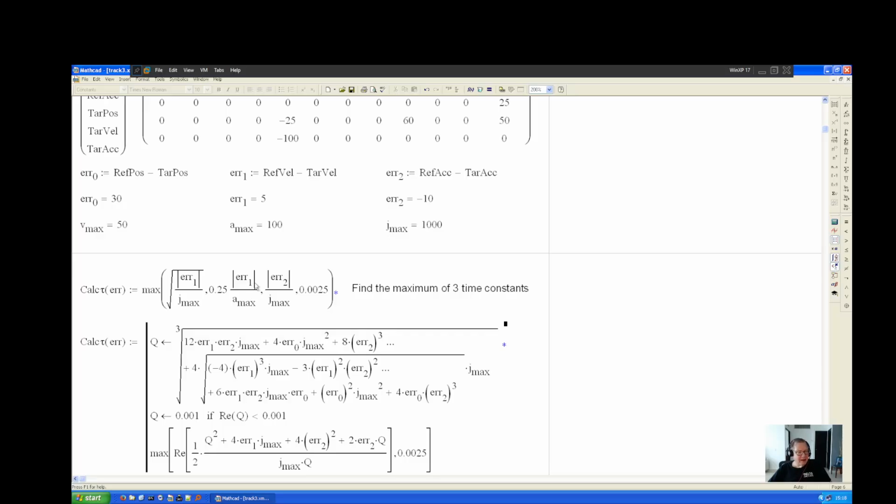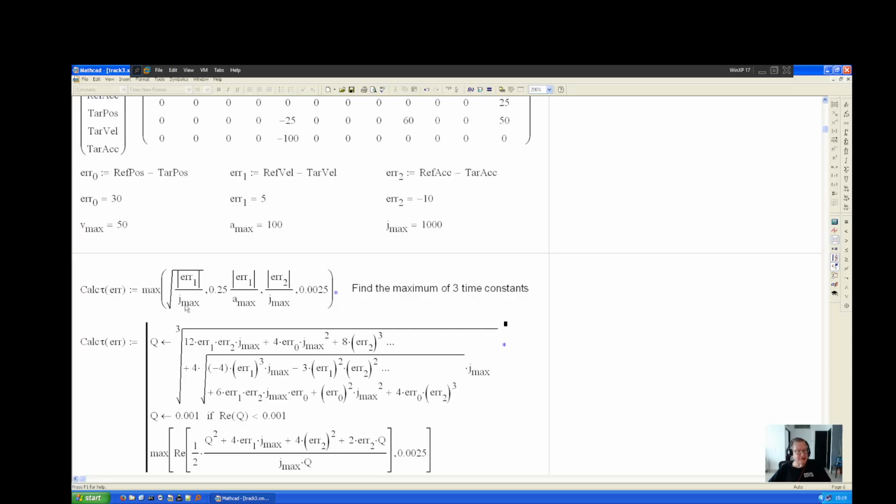If I take the error in acceleration divided by the maximum jerk, then I get a time constant, because this is like a position over seconds squared, and this is a position over seconds cubed. So when I divide that out, the unit is going to be time. And this is the same thing, except I'm using the velocity and the acceleration.